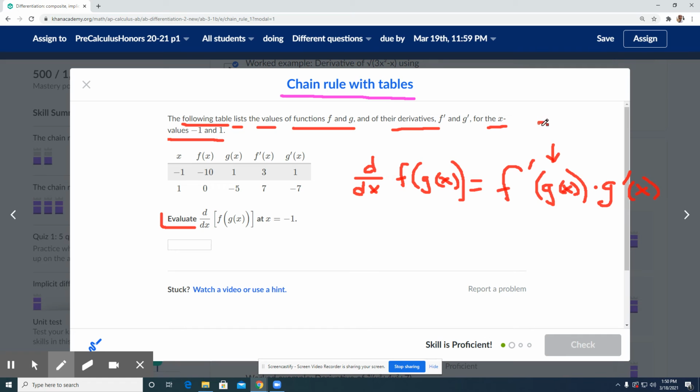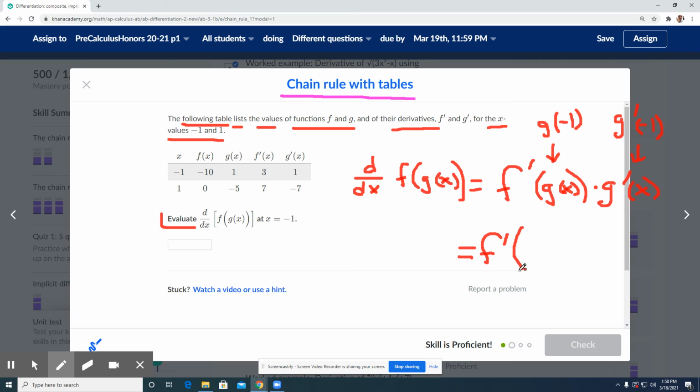So we need g of -1. g of -1 is what we're evaluating, and g prime of -1 is here. So then that means this equals f prime.